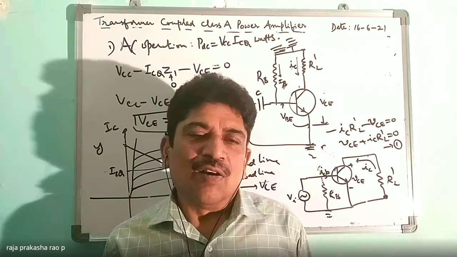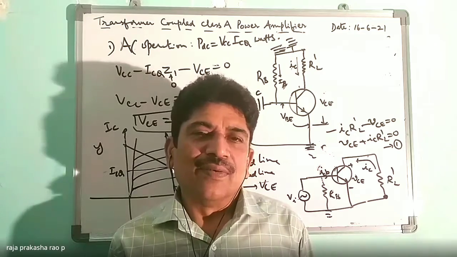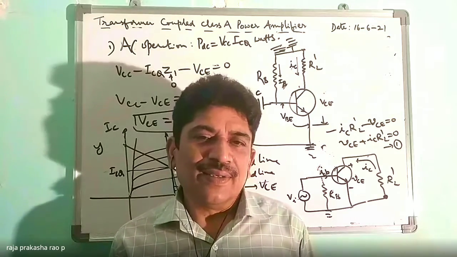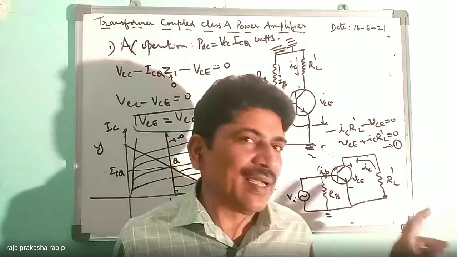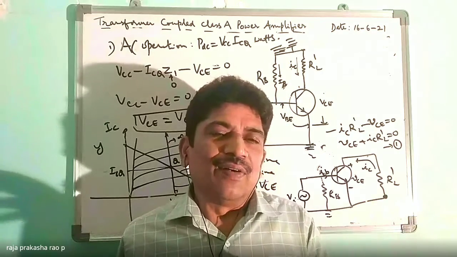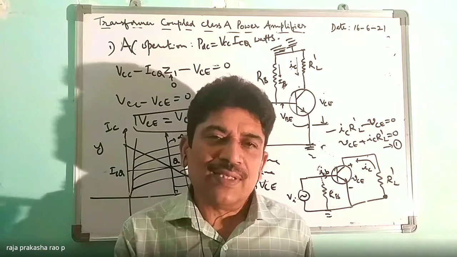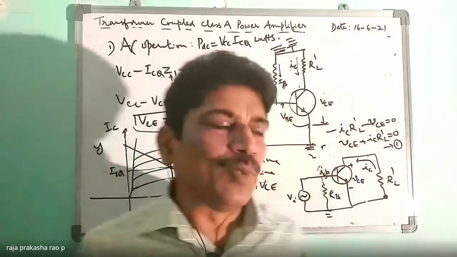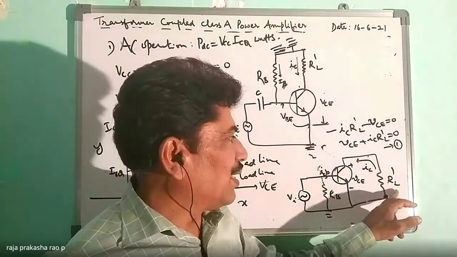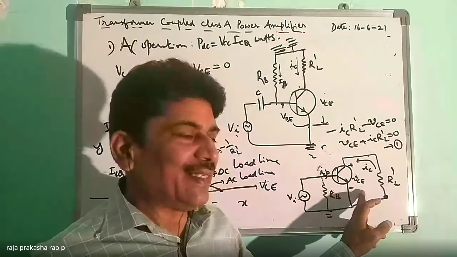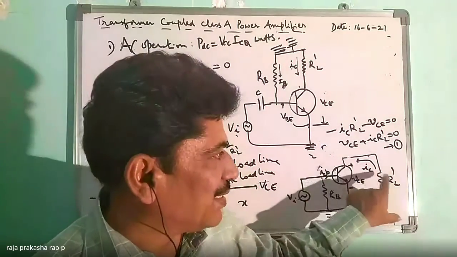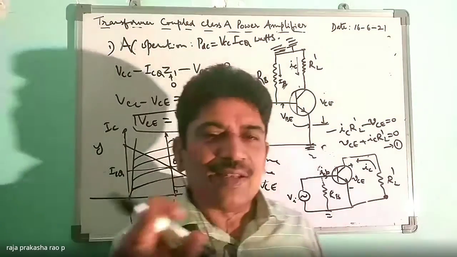Okay. And output voltage varies. That is VCE also varies. Why? Because IC is varying. When IC is varying, IC multiplied by that load resistance gives the voltage. Is it not output voltage? See, IC into RL is nothing but output voltage VCE. So VCE also varies.